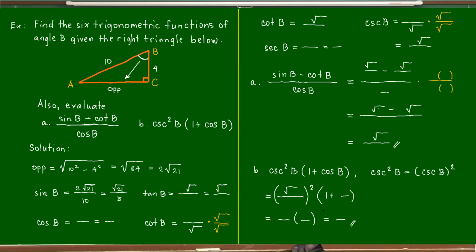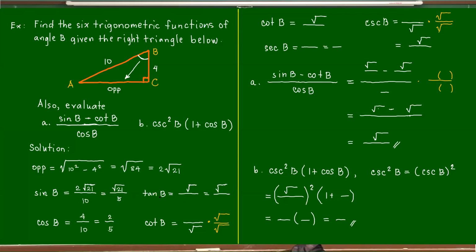So that's the value of sine of angle B. Then what about cosine B? That is adjacent over hypotenuse, so adjacent to angle B, which is 4, over hypotenuse. Simplifying, we have 2 over 5.